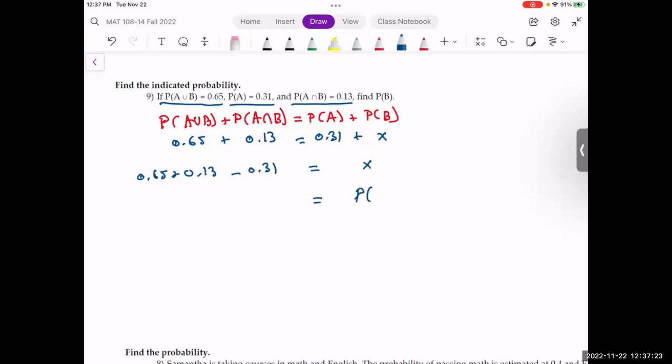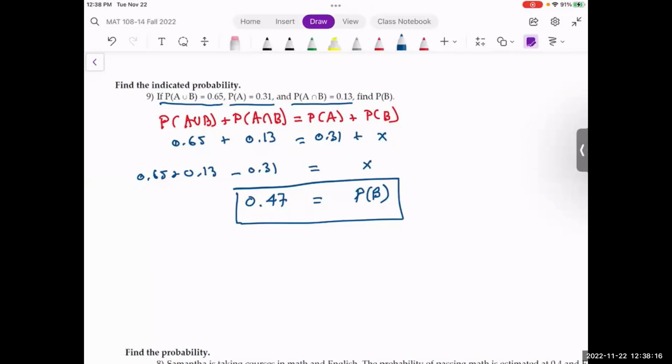So the probability of X is the probability of B. What's it going to be? Is it 0.47? That's what you got? Okay, nice. We get the first one.